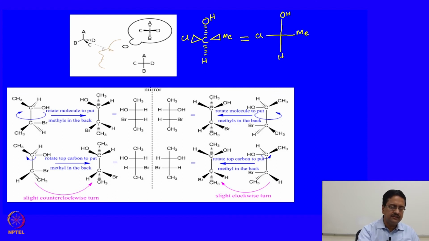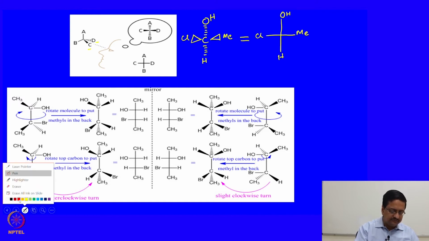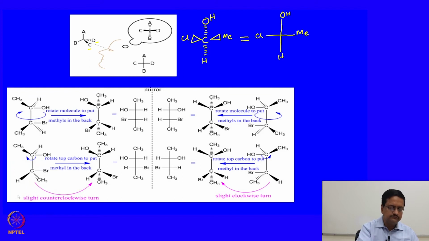Here in this figure, the observer is seeing the molecule in such a way that A and B are below the plane of projection, C and D are above the plane of projection, and that is how we thought about it, and then we have drawn the molecule like that.